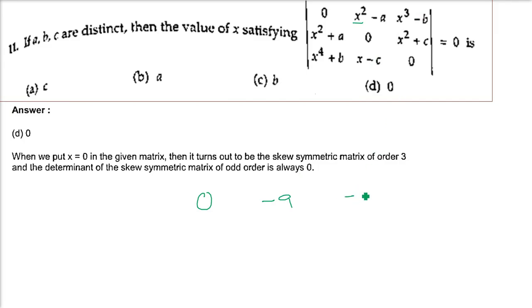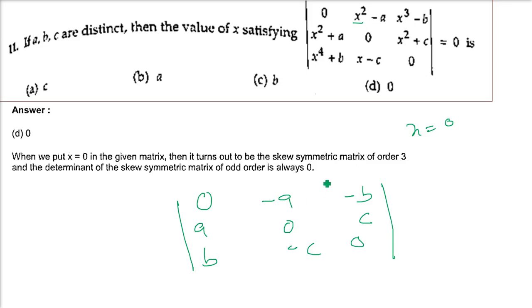So 0, minus A, minus B; A, 0, C; B, minus C, 0. Now this we got when x is 0. This particular matrix, or determinant, you can call it; determinant is actually the value of the matrix, so you can call it a matrix also.